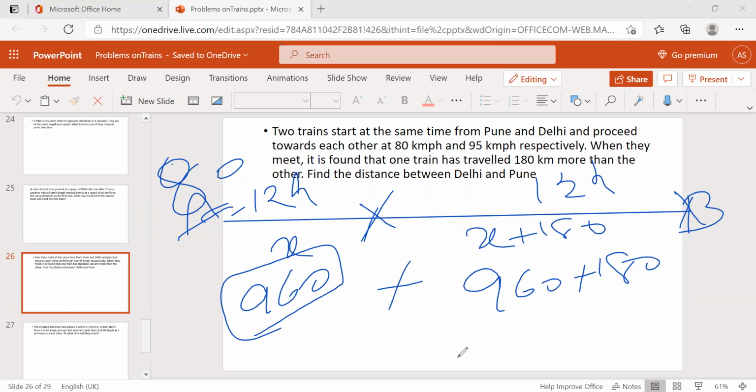So the total distance is 960 plus 960 plus 180. 960 plus 960 is 1920, plus 180 is 2100 kilometers from Delhi to Pune. Is it clear?